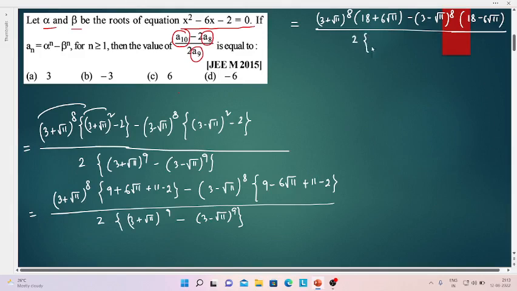And the denominator part will be 2 times (3 plus root 11) to the power 9 minus (3 minus root 11) to the power 9, right? So let me again calculate this part.